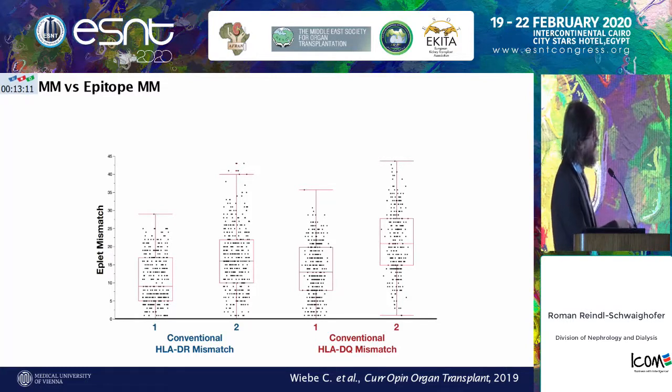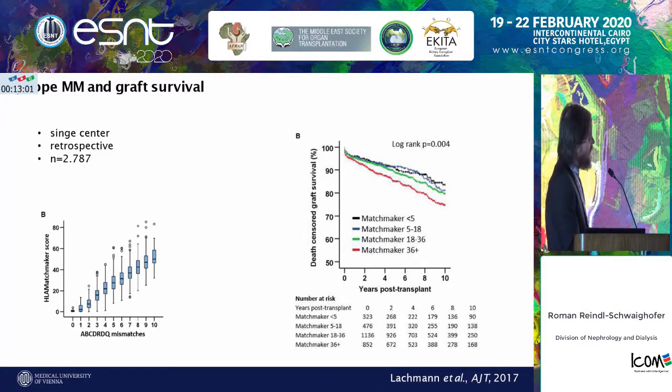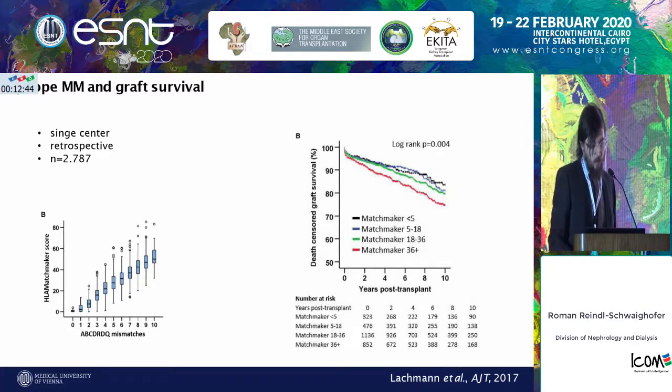And this shows that the actual risk of an alloimmune response may be higher despite the lower HLA serotype mismatch level. And this was the largest study to date in 2,000 individuals from Berlin by Nils Lachmann. They showed that if you stratify transplants, they did a retrospective analysis of their HLA database, by the number of epitope mismatches, they could see that the more epitope mismatches you had, the worse your graft survival was.